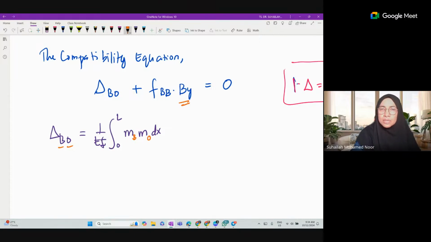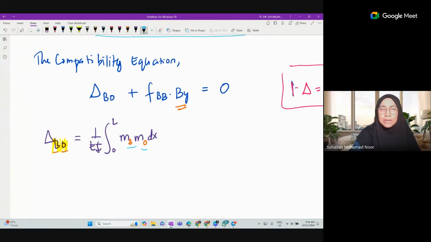Just follow the notation that we use in the displacement label, delta B naught. One is MB, one is M naught. So that you don't have to remember, just follow the flow.